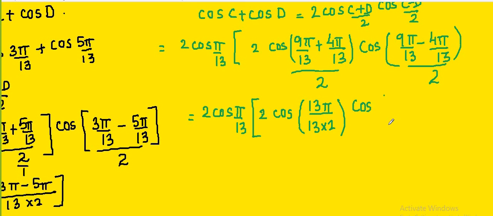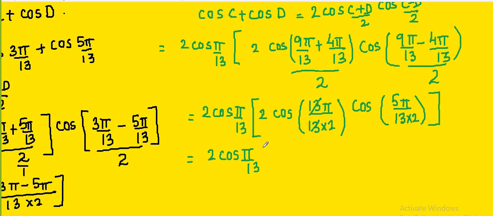Here cos 5 pi by 13 into 2, because in numerator 13 is the LCM. 9 pi by 13 plus 4 pi by 13 gives you 13 pi by 13, and this 2 will be multiplied with this denominator. Now our question simplifies to cos pi by 13. This 13 cancels out with this 13, and we have 2 cos pi by 2 and cos 5 pi by 26.